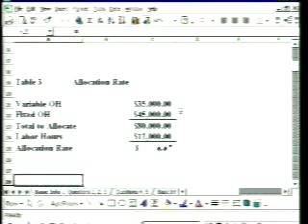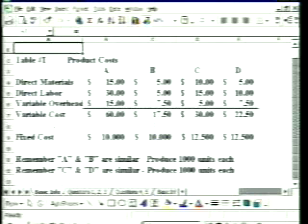And where did the $35,000 come from again? Go up to our table up here. Variable overhead is the $15 of product A times 1,000 units, plus 750 times 1,000, plus 5 times 1,000, plus 750 times 1,000.